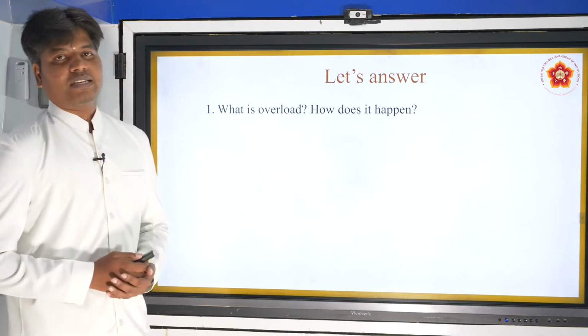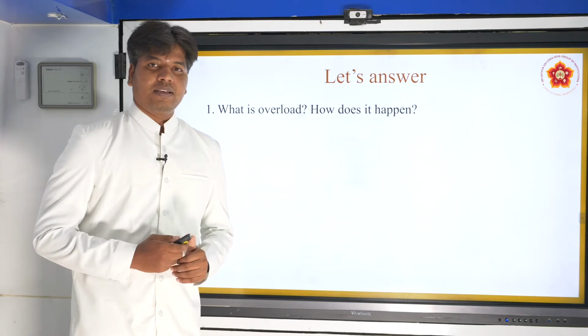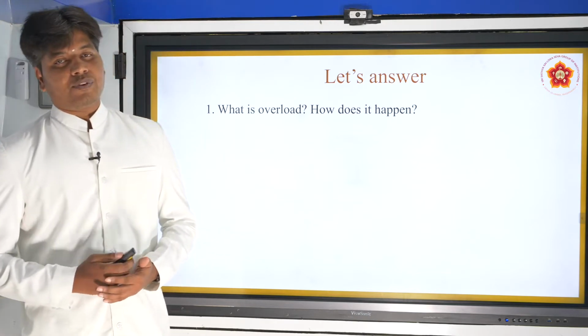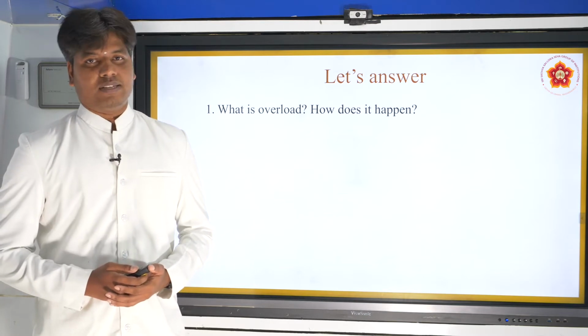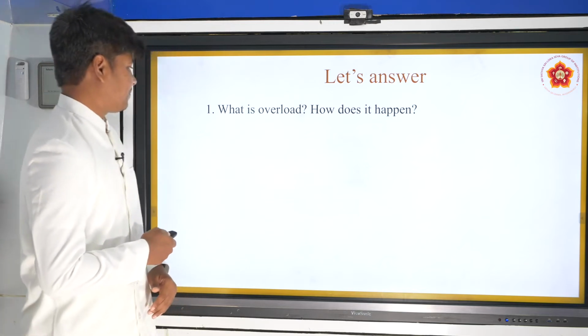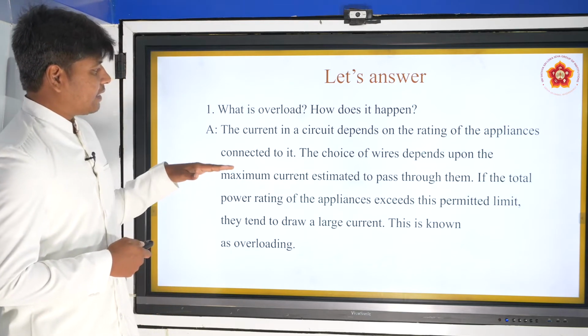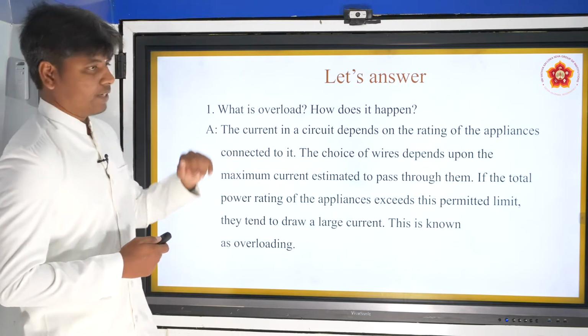What's your first question? What is overload? How does it happen? While we were discussing domestic circuits, we have seen what overload is, right? Once again go through it and I'll explain it. The current in the circuit depends on the rating of the appliances connected to it.